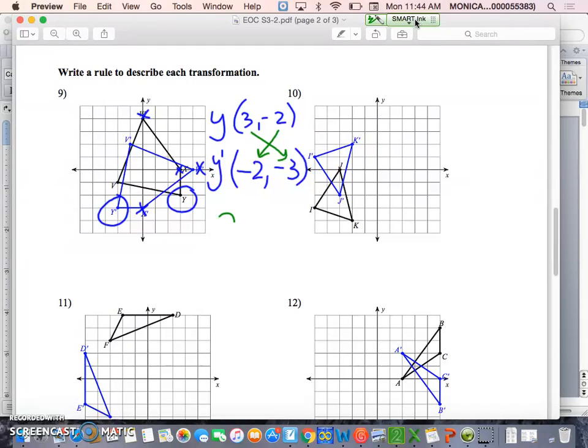So I know there's going to be a 90-degree something because they flip-flop. Now if you notice the x stayed the same, and this one changed. So because the second one changed, it's going to be clockwise. So 90 degrees clockwise, or you write that as y comma negative x.